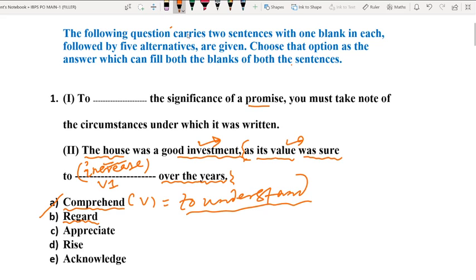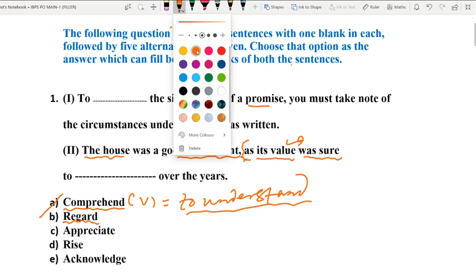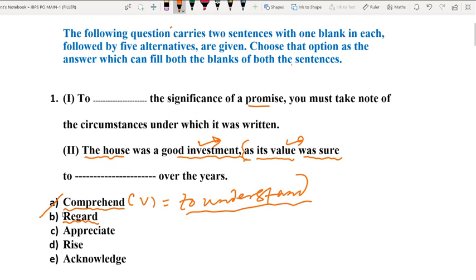That phrase will give the meaning that if we want to think about the significance of a promise, to regard the significance of a promise means to think about or to consider the significance of a promise. But as I said a few minutes back, we cannot put it in the second blank because it will then give no meaning.